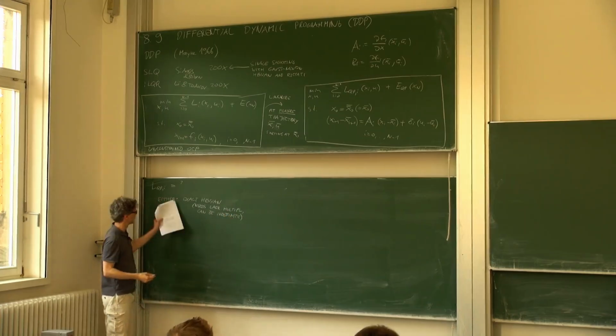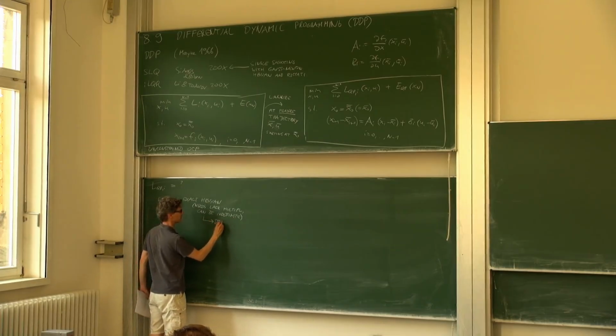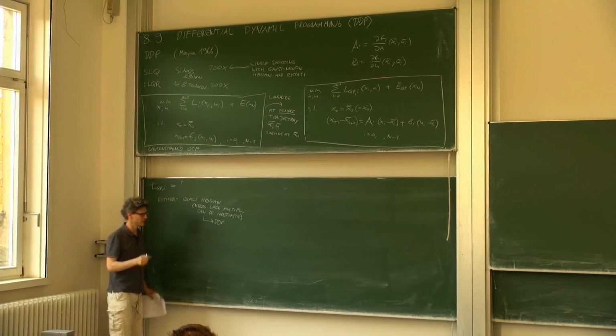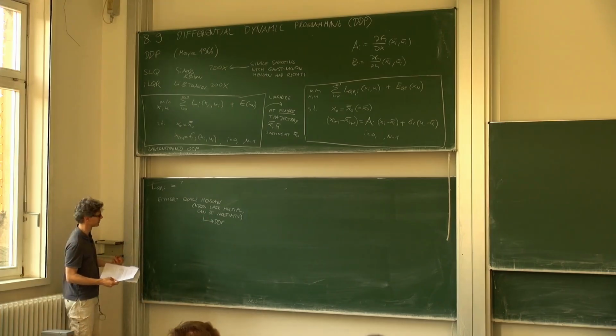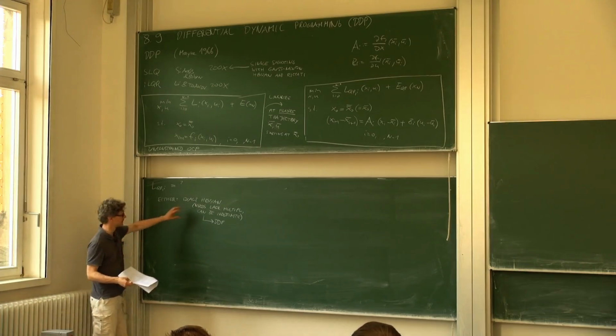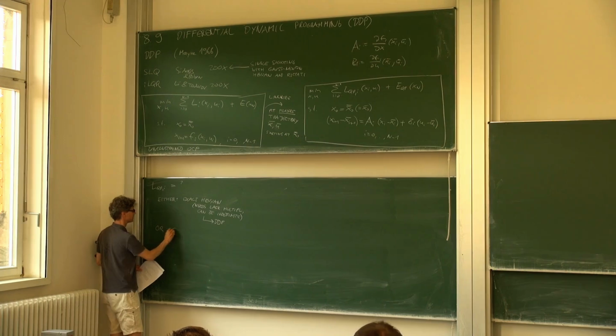But this is actually the way that was done in the DDP approach. And actually, probably that is one of the reasons why DDP itself never really took off, because it was a bit complicated to deal with this indefiniteness. And so the alternative is to use a Gauss-Newton Hessian.